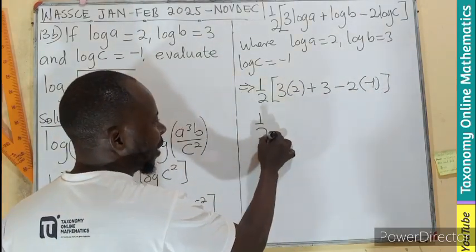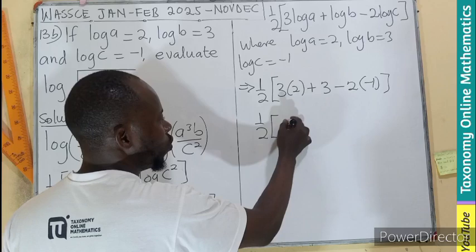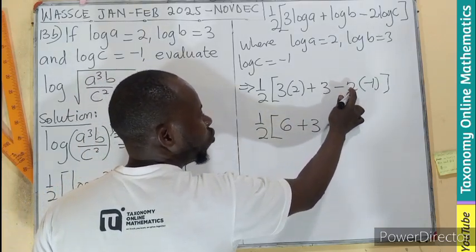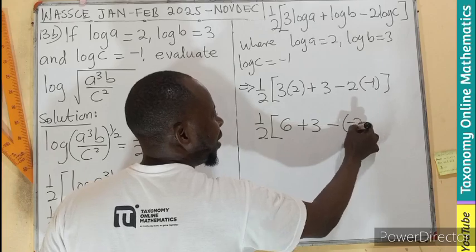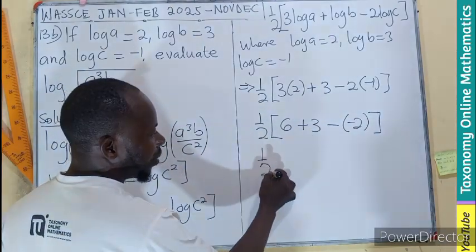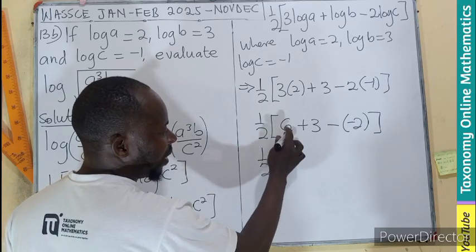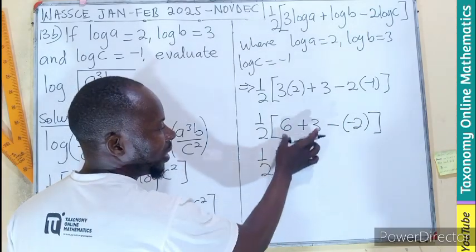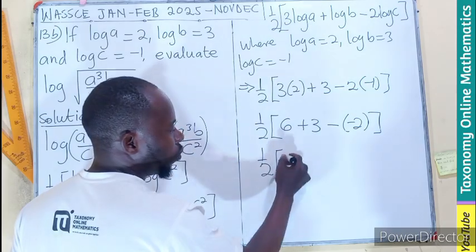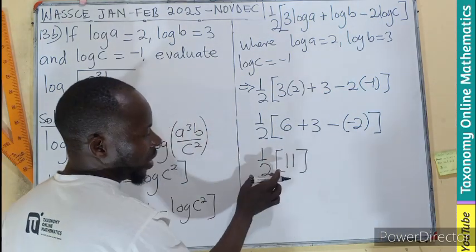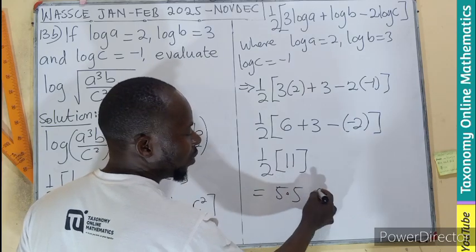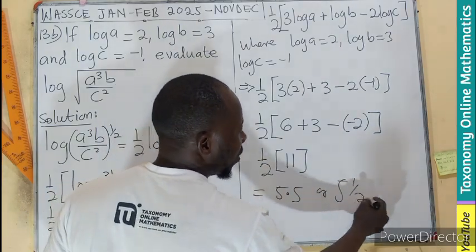Computing that together means 3 times 2 is 6, plus 3, minus 2 times -1, which is -2. With the help of the calculator, we can check this will be 9 plus 2, that will be 11. So half of 11 should give us 5.5, or 5 and 1 over 2.